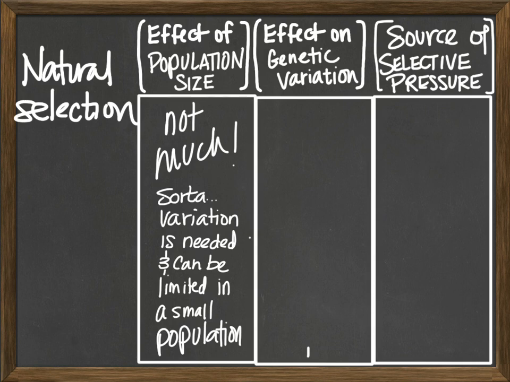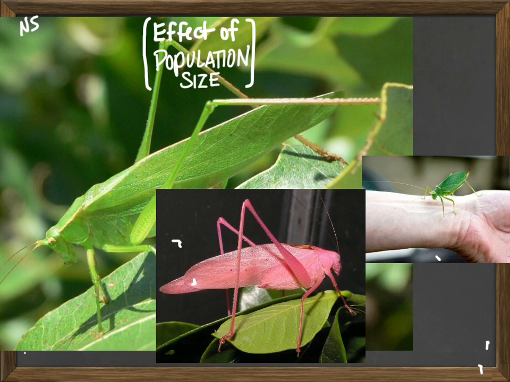Those very, very small populations can tend to be fairly homogeneous. That said, it doesn't really matter how big or how small the population is. If you're a bubblegum pink katydid, guess what? You're just going to get eaten the first time anybody sees you because everybody sees you. Right. So it doesn't matter how big or small the population is. There's nowhere to hide if you're a bright pink katydid.